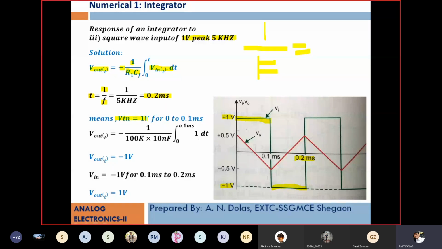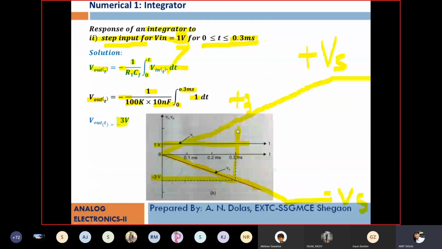So Vin is 1 volt. स्टेप इनपुट के जैसे इसे कंसिडर किया है तो 0 से लेके 0.1 मिलीसेकंड तक. पुट द वैल्यूज, कैपेसिटर रेजिस्टेंस के वैल्यू डाले हैं. 0 से लेके 0.1 मिलीसेकंड के लिए 1 वोल्ट को इंटीग्रेट किया है, तो it will show you -1 volt. अगर आप पीछे के वेवफॉर्म्स देखोगे यहाँ पे, so here also you can see at 0.1 something like -1 volt, at 0.2 -2 volt, at 0.3 -4 volt.